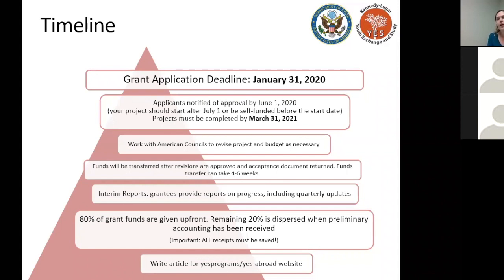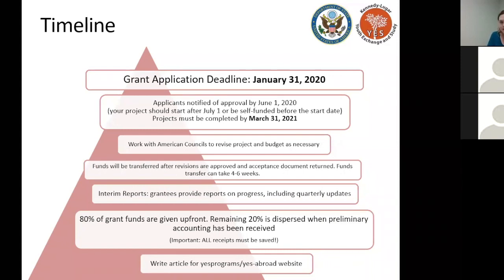Reporting, depending on the length of your project, I may ask for interim reports beyond just your final report. That has to do with the reports that I have to make to the State Department. So if I need an update on your project so that I can report to them, I will ask you for that.